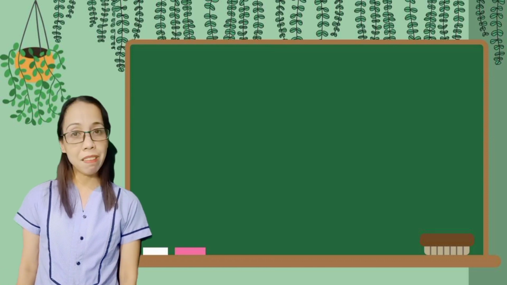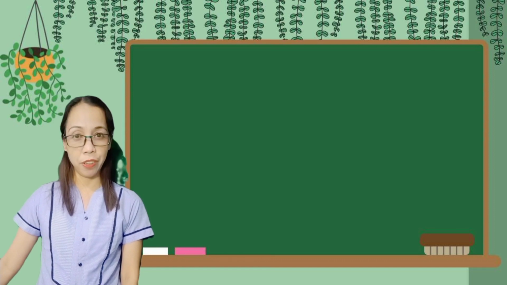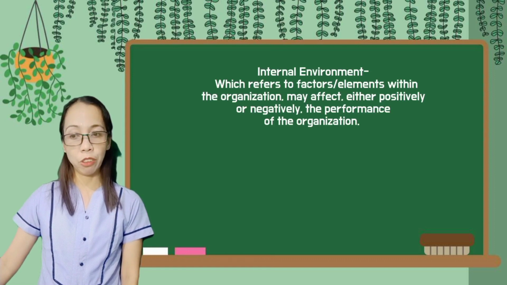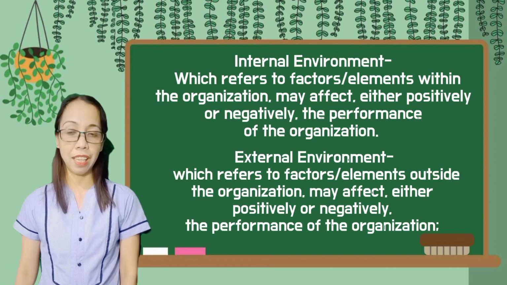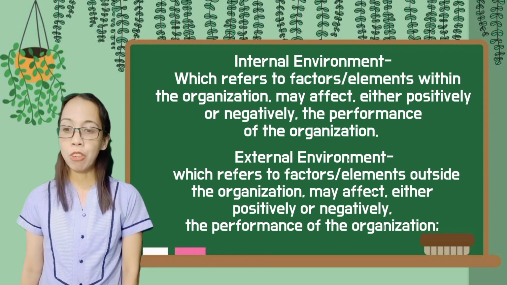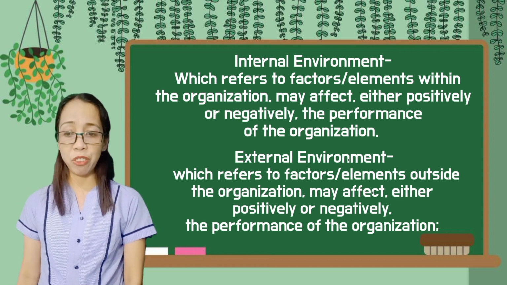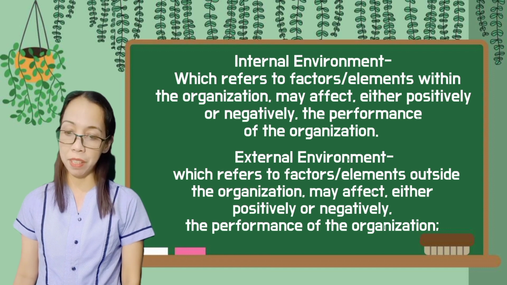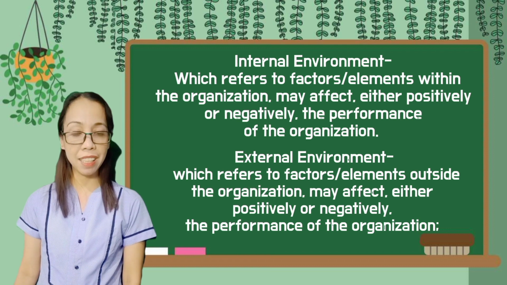So, in business environment, we have two classifications or types. That is the internal environment and external environment. So, let's say that all living things or creatures, including us human beings, live within an environment. Is that right?